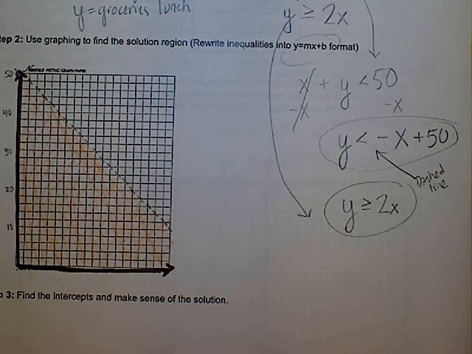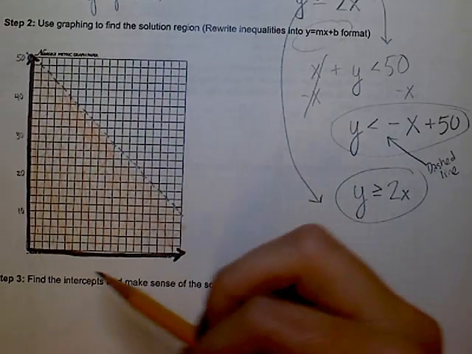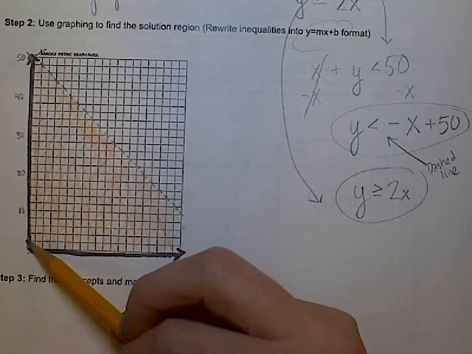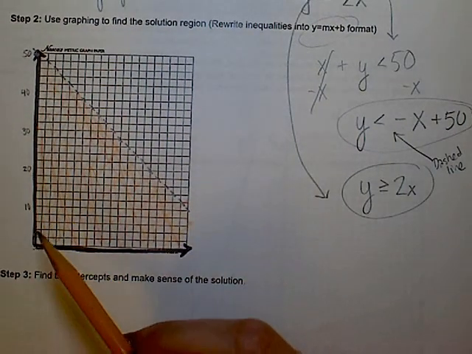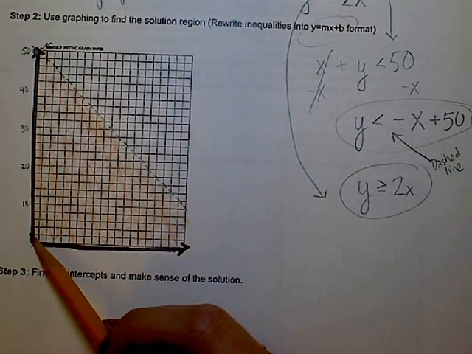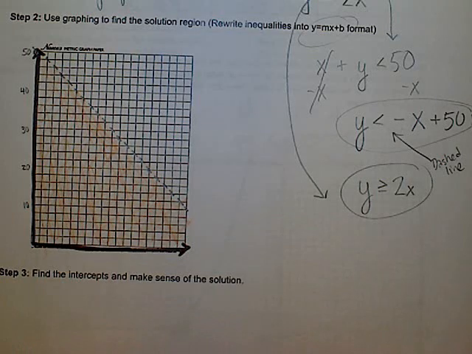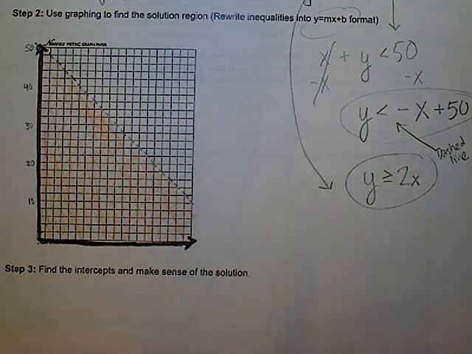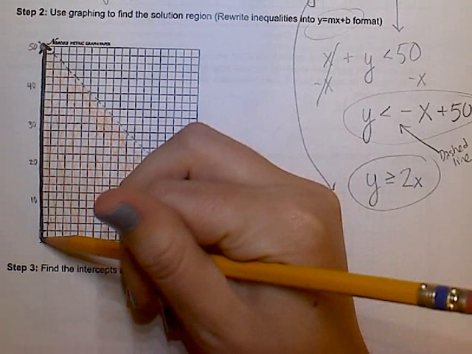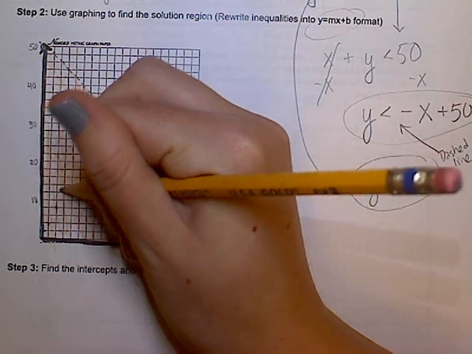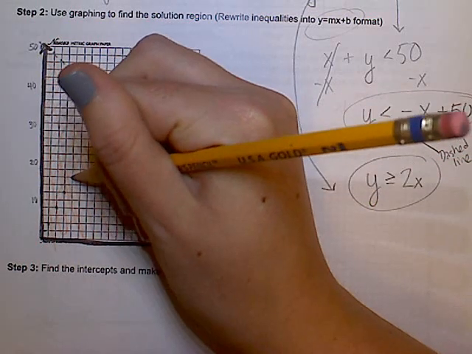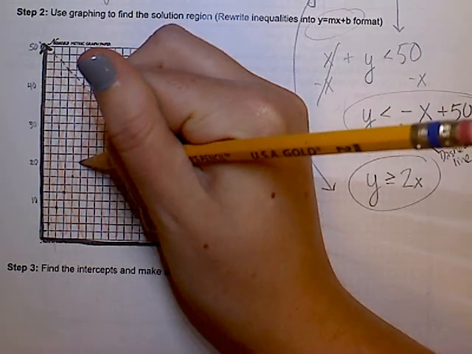My other line is y is greater than or equal to 2x. So that means I'm going to have to go up 2 and to the right 1. Remember, we are essentially counting by 2s, so be careful as you move. You're really going up 2 and over a half. But it does essentially work out perfectly to go up 2 over 1, up 2 over 1, even if we're going by 2s, you'll still end up getting to the same spot.